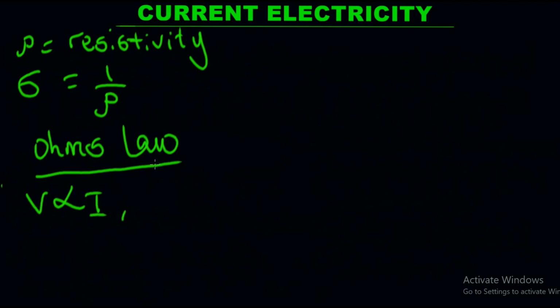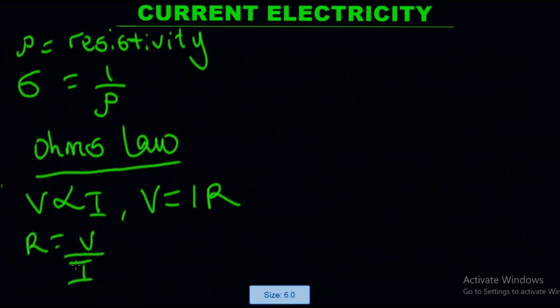If you want to remove the proportionality symbol, we need to introduce a constant, which is R. So R serves as our constant of proportionality, and we could make R the subject to give us V over I. One thing to note is that voltage is directly proportional to current.